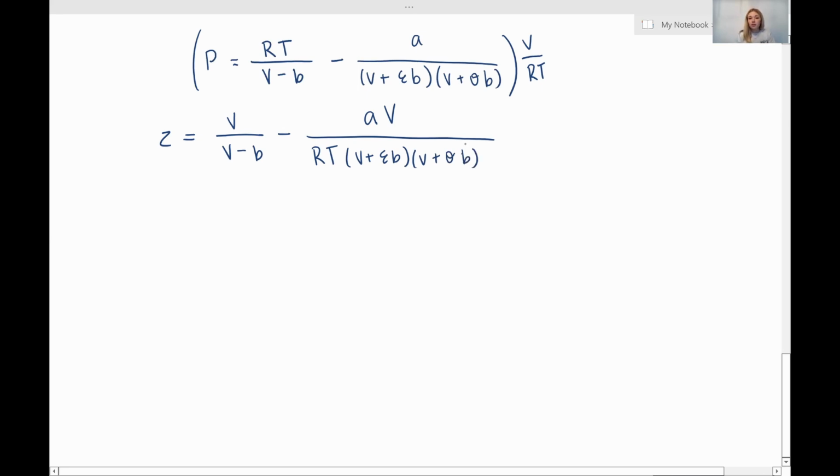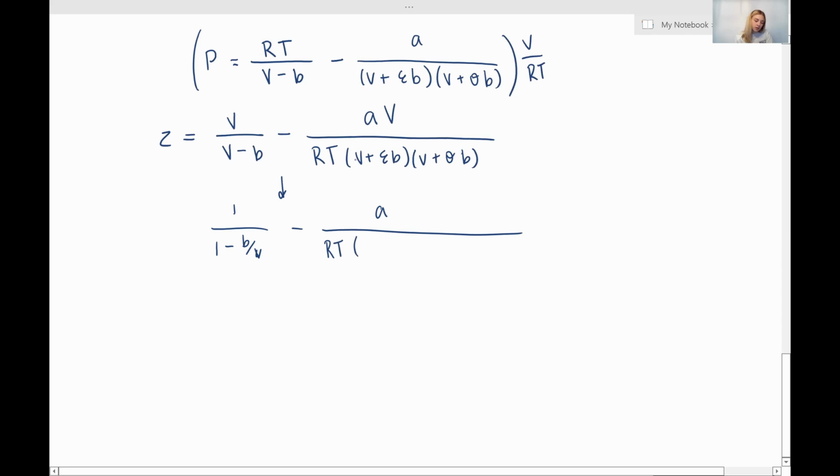The next step is to get a common denominator. That's our end goal, to get our equation into a cubic polynomial form. To do that, we start by dividing the right side of the equation by V. So we'll have 1 over 1 minus b over V, minus a over RT.